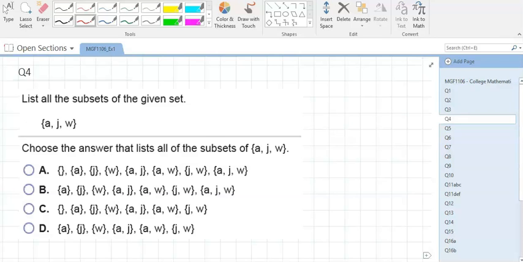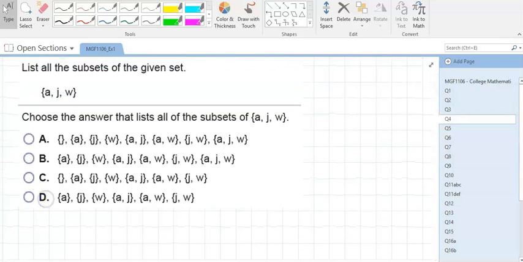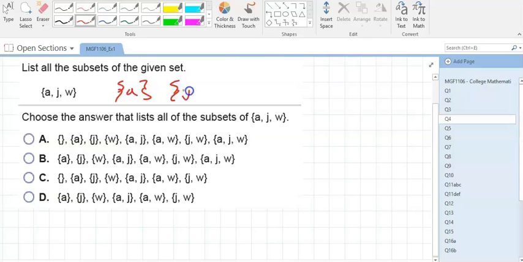All right, list all the subsets. List all the subsets. So just make sure that whatever you select has everybody that should be accounted for up here. So as subsets, remember you can just have each of the elements. So element A is a subset because that is a part of that. Element J is a subset because that is a part of it.